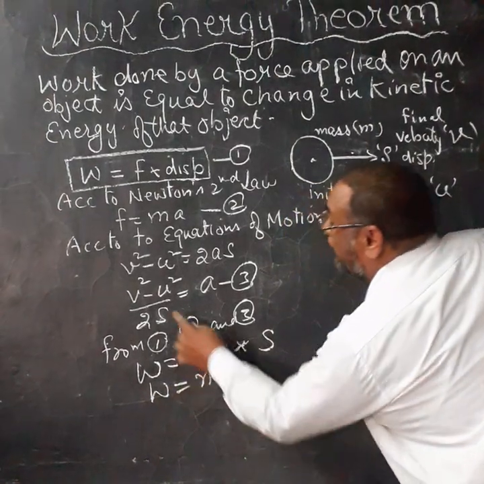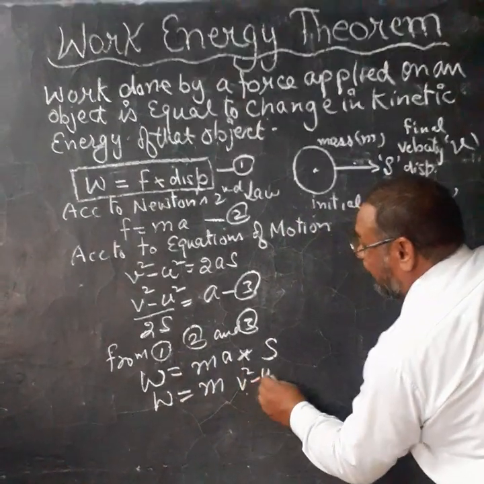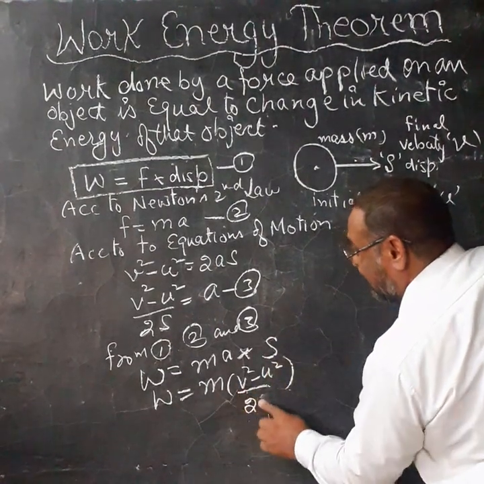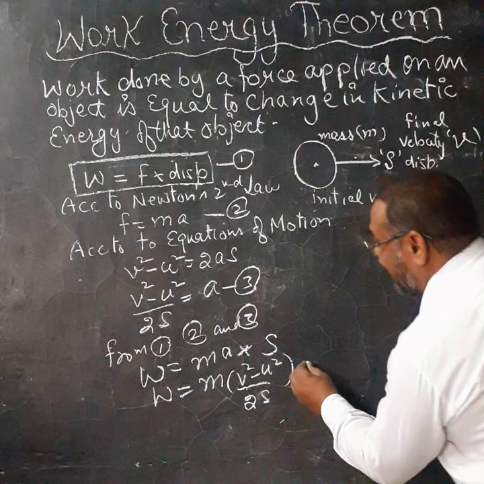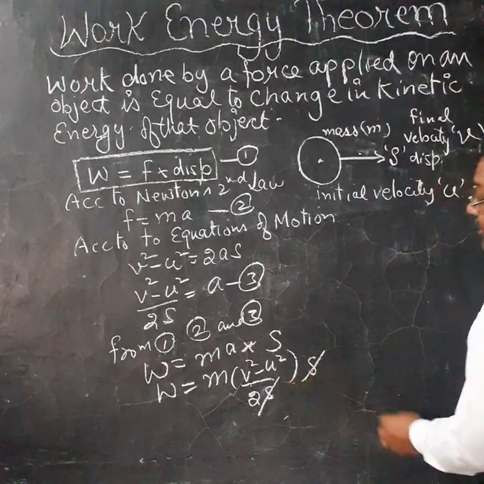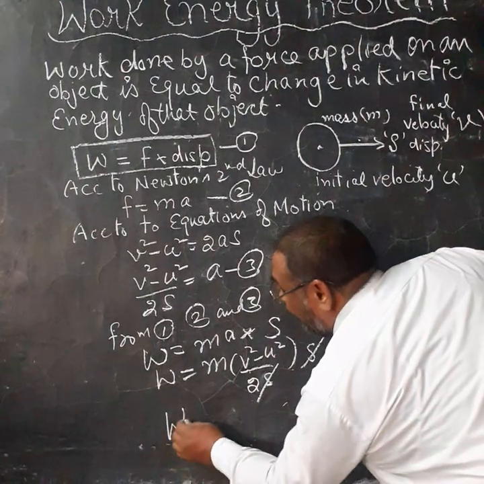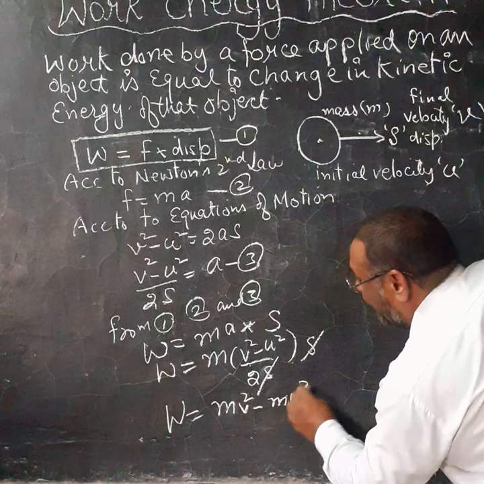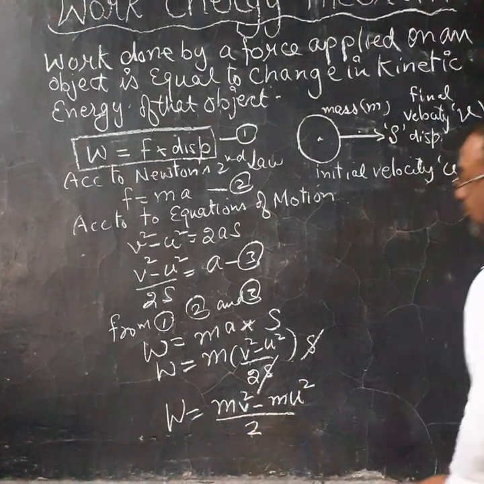W equal to m times v square minus u square over 2s, and s is there in both places. So cancel this s with s.